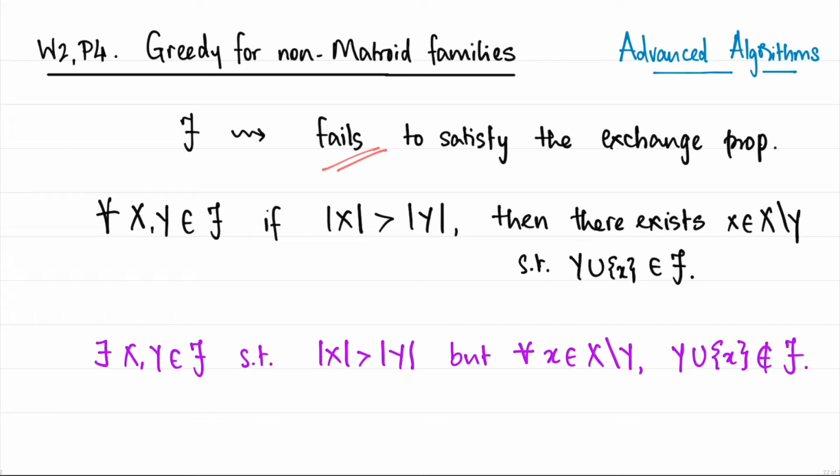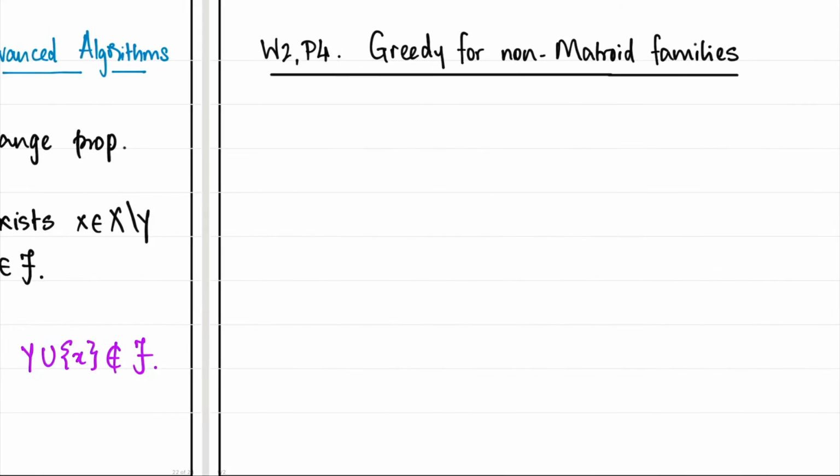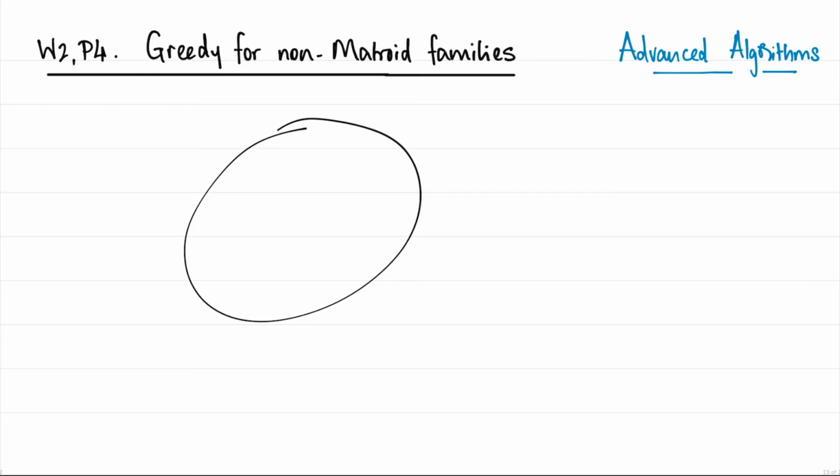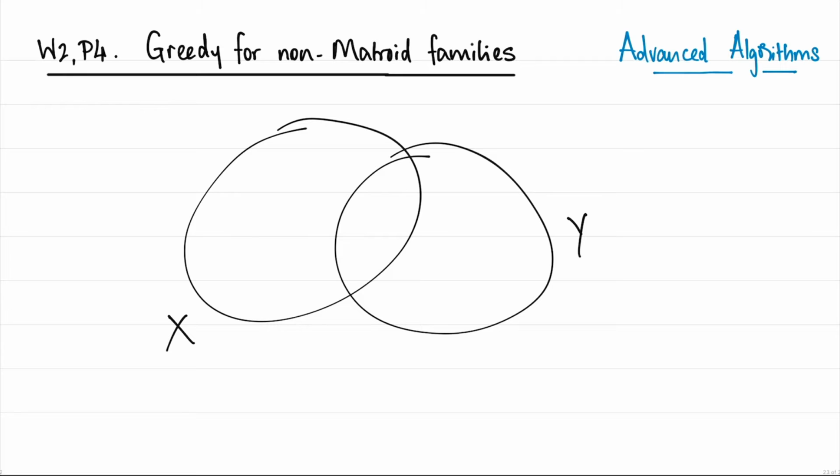Because we are going to anchor our argument around this particular pair of sets X and Y. So basically, for the family to fail the exchange property means that there is a pair of sets which don't satisfy the exchange requirement, and not satisfying the exchange requirement basically means that we have this big set X and we have a set Y that is smaller than it, and basically no matter which element we pick in X minus Y, if we try to add it to Y, we move out of the independent set collection.